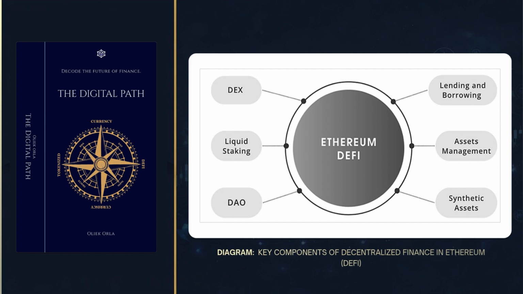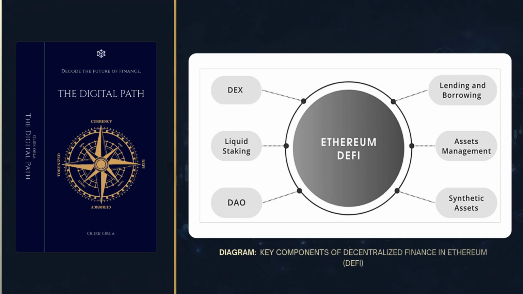Importantly, these tools do not custody or control funds. They simply read on-chain data and present it in an understandable format. Thus, asset management makes DeFi more accessible and user-friendly, turning a complex infrastructure into a practical decision-making tool for both beginners and advanced users.